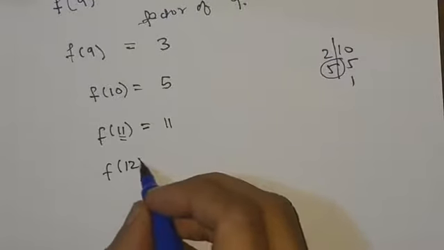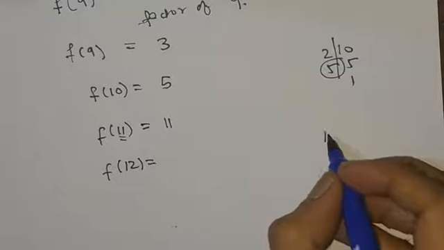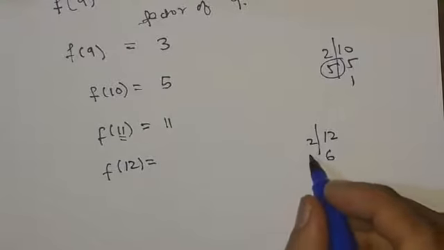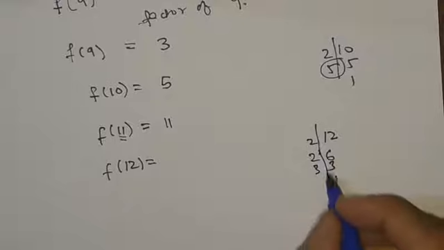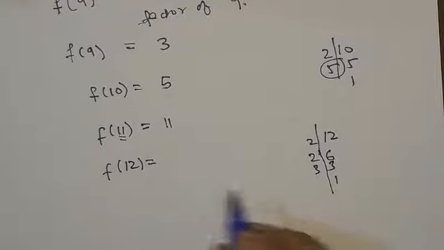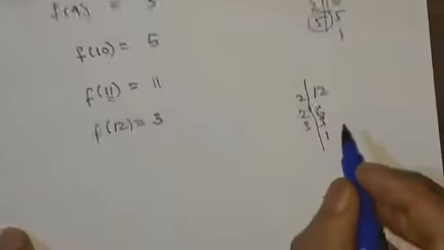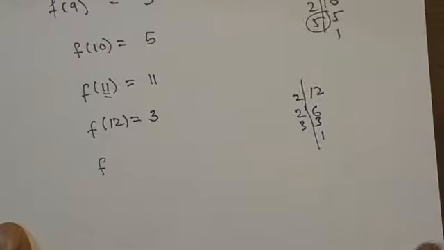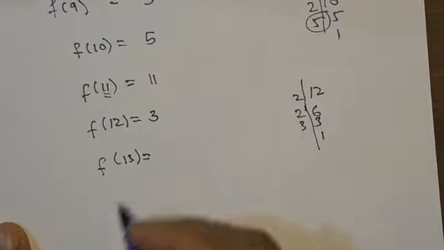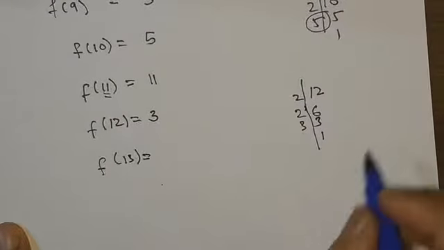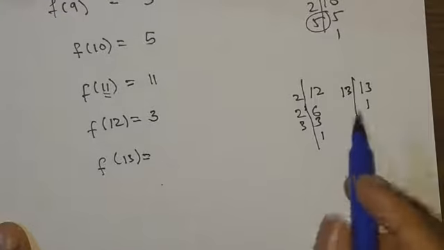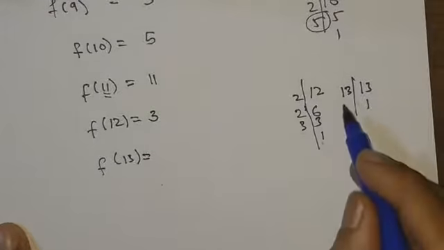So f of 12, let us check now. If you check the factors of 12, 2 6s are 12, 2 3s are 6, 3 1s are 3. The highest prime factor here is 3. Now f of 13. 13 is itself a prime, so 13 1s are 13.